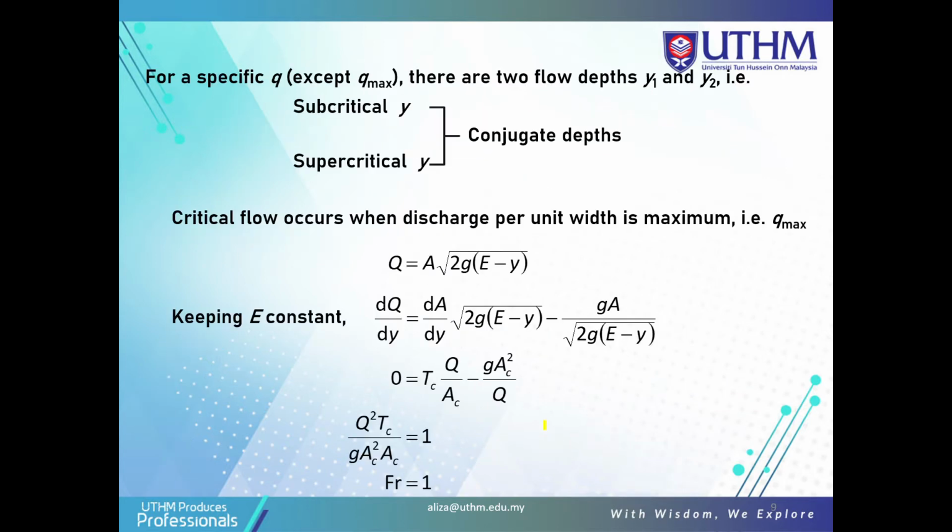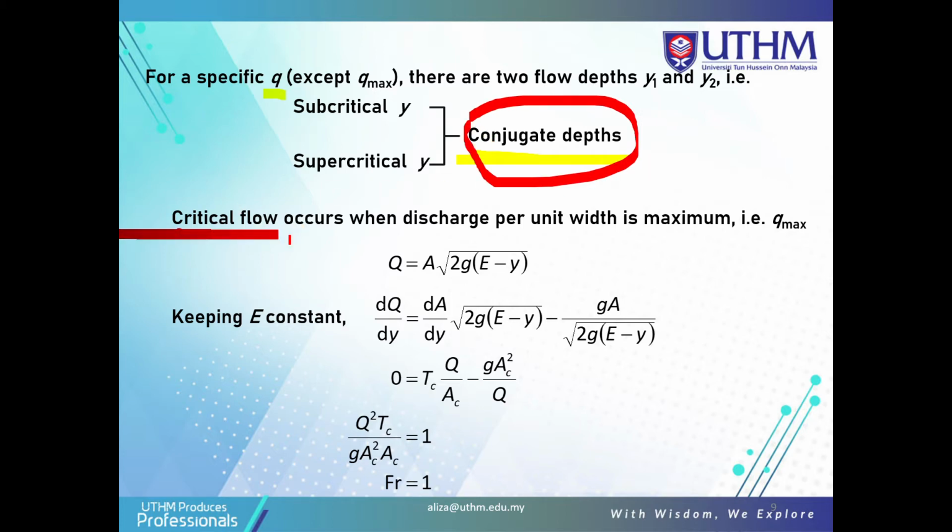For a specific q except q max, there are two flow depths, y1 and y2, which are called conjugate depths. Critical flow occurs when discharge per unit width is maximum.